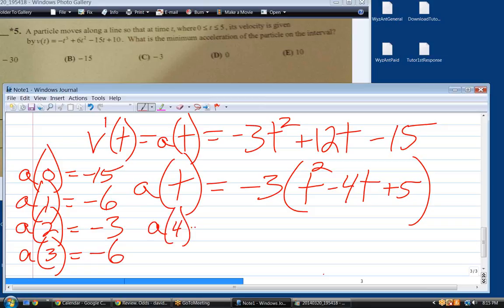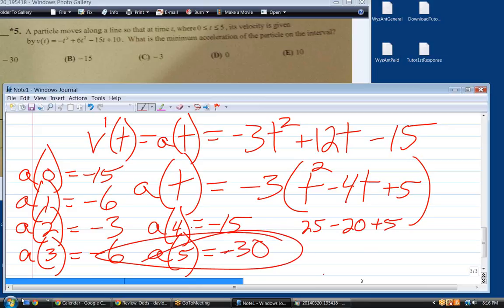A of 4 is 16 minus 16, minus 15. And a of 5, because we do need to check the endpoints, that's 25 minus 20 plus 5, that's minus 30. There's your minimum acceleration at the right endpoint. Answer A?